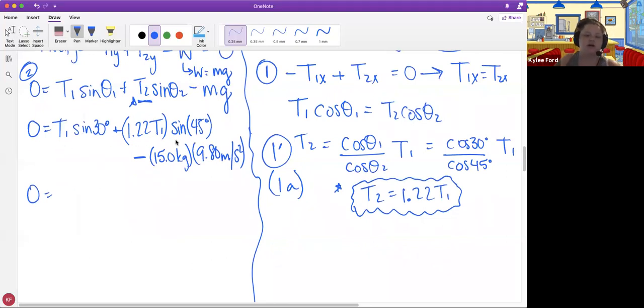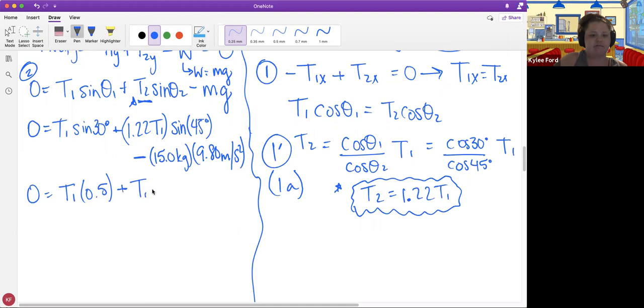All right, so as you can see, I can combine these two numbers since we have a common variable, T1, or a common unknown. Actually, let me simplify it a little bit more before doing that. That might make it more complicated. So I'm gonna take sine of 30 degrees, and that is 0.5.